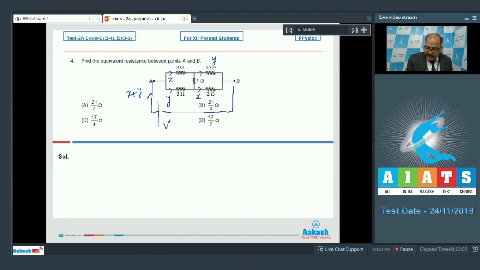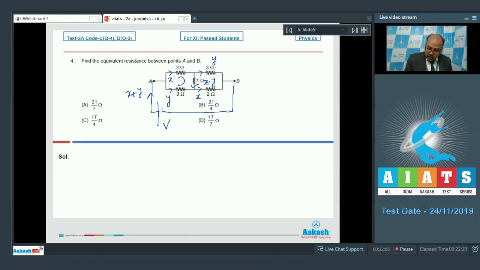Let's say EMF is V. If we apply the Kirchhoff junction rule at this junction, the current here in 1 ohm we can show in this direction to be X minus Y. So the current is now distributed, we can now apply Kirchhoff's voltage law or Kirchhoff's loop law.